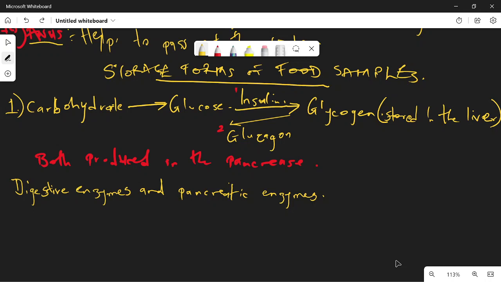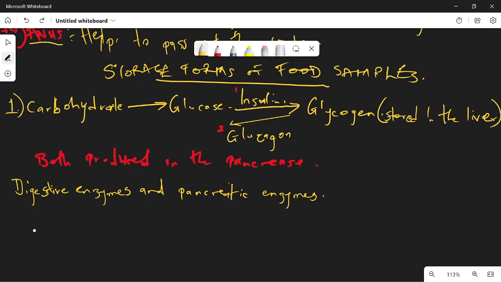These two enzymes, enzyme number 1 insulin and enzyme number 2 glucagon, are both produced in the pancreas. I was trying to explain that you could come across a question that will tell you to differentiate between digestive enzymes and pancreatic enzymes. But both of them are produced in the pancreas.